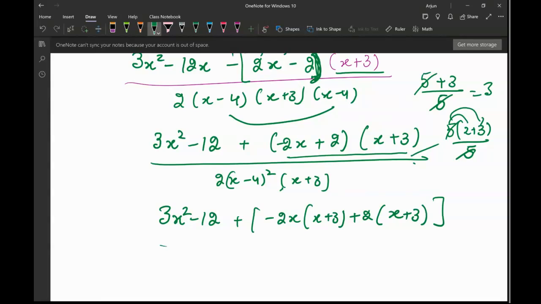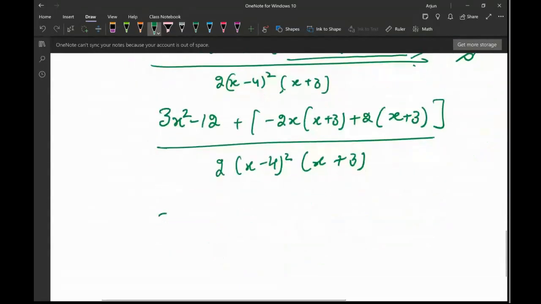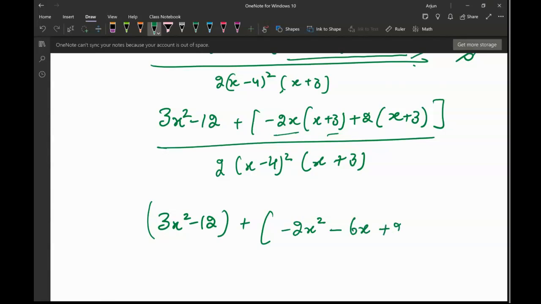And now on the bottom it is 2x plus x minus 4 square, x plus 3, and then 3x square minus 12, and plus, this will become minus 2x square, this will be minus and minus 6x plus 2x and plus 6.